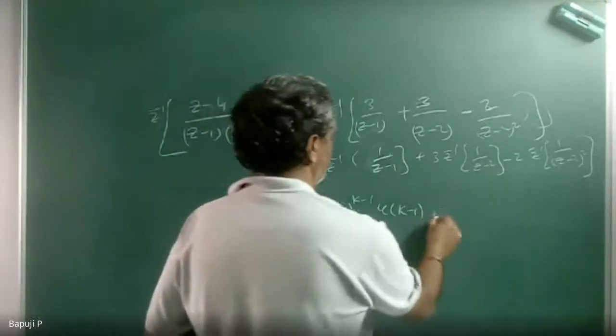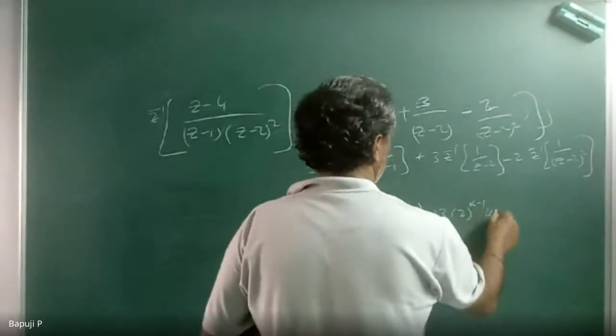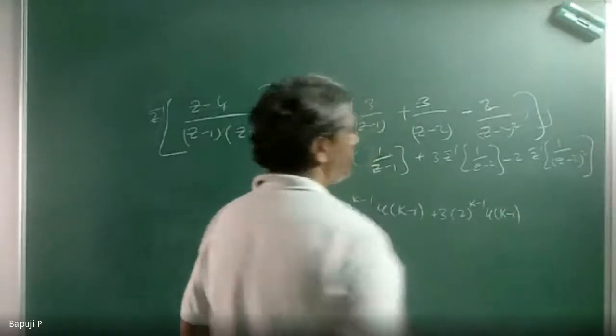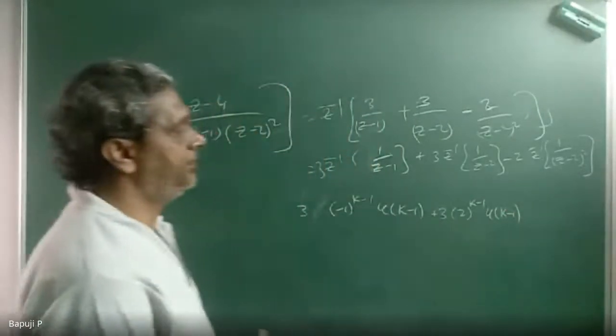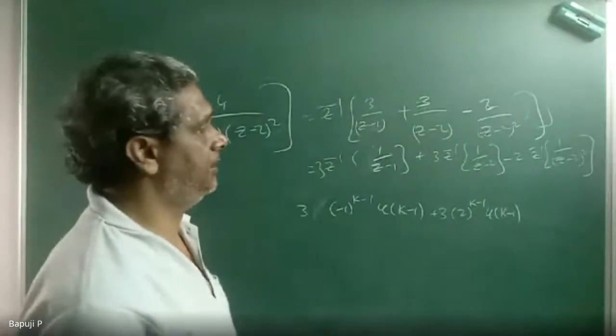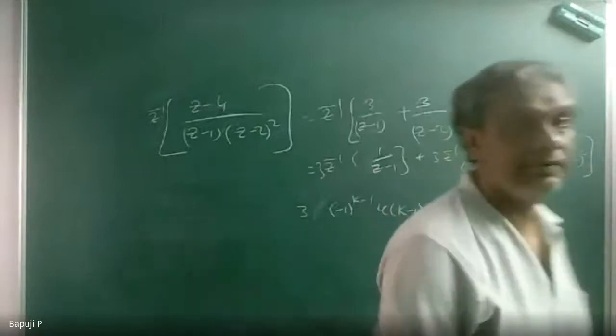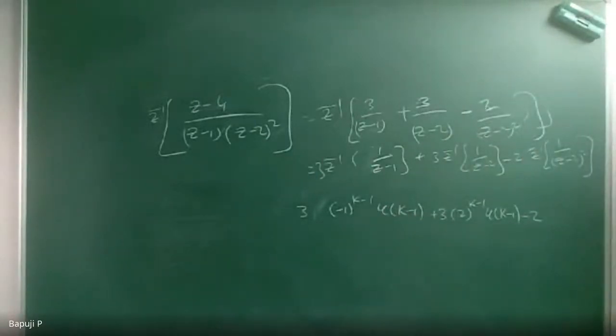Because my transform series starts from 0 to infinity, this particular problem may be valid for k greater than or equal to 1. So this is the formula I was telling, sir: 1 by (z minus 2) whole square gives (k minus 1) a to the power of k minus 1.